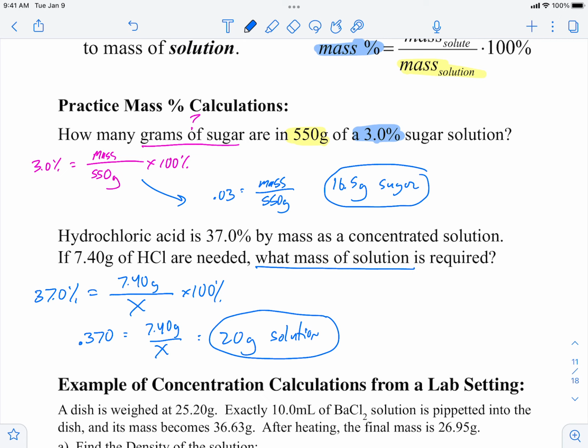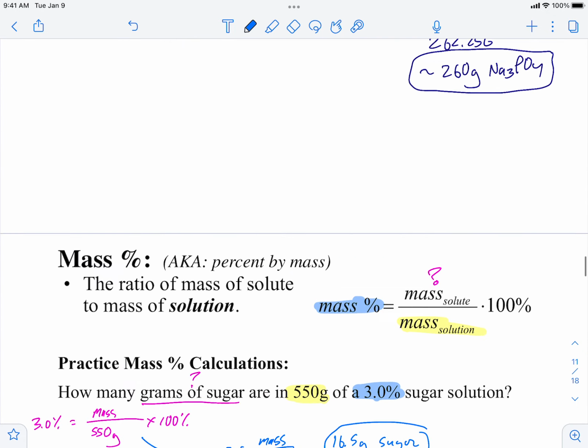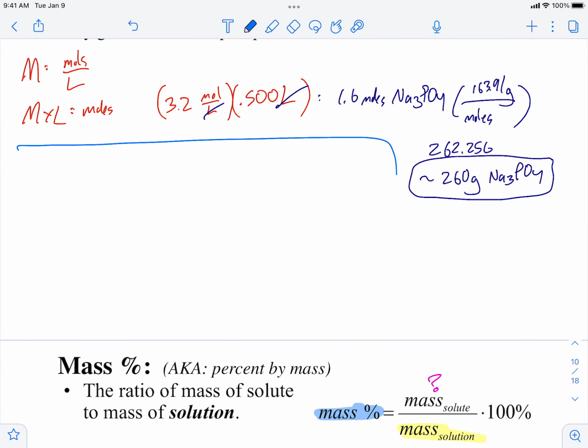So, I didn't even give you a problem where I asked you to find mass percent. So let's do that. I'm going to find some space and give you an example. Okay, so let's say I have 2 moles of table sugar dissolved in 200 grams of water.